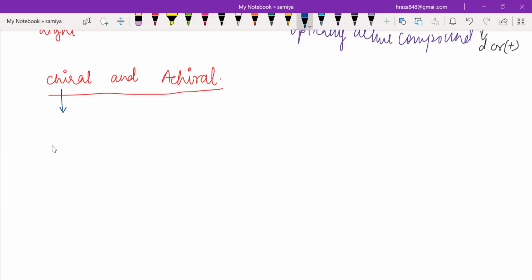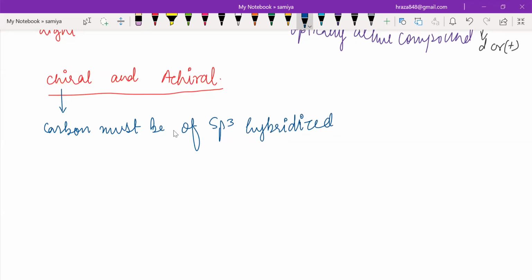First of all, we concentrate on carbon. Carbon must be sp3 hybridized.